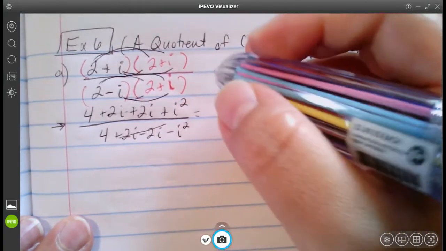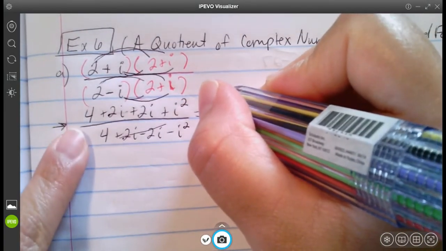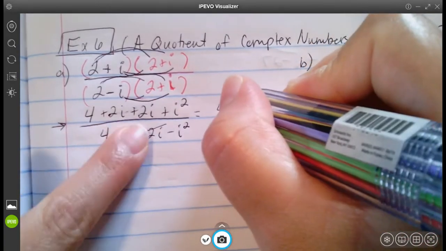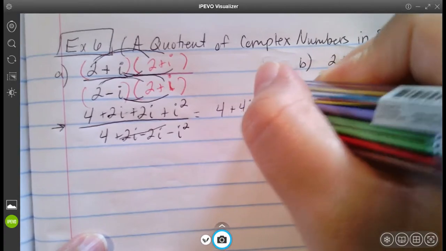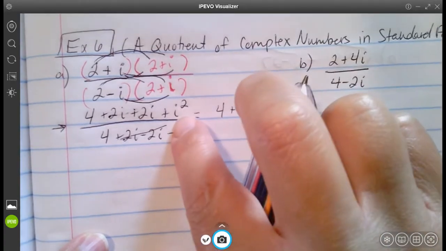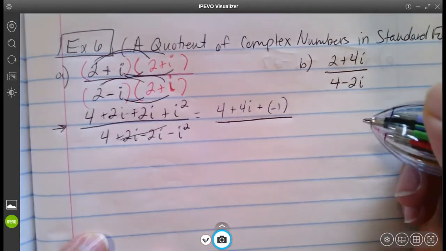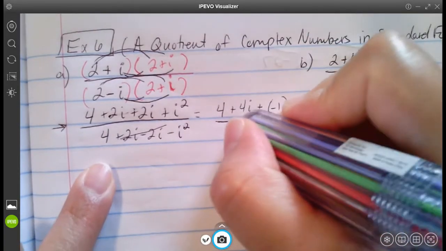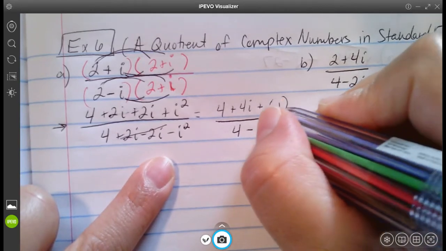And this is going to be equal to, I'm going to combine just right here really quickly. In the numerator, we have 4 plus 2I plus 2I is 4I, plus I squared is negative 1. In the denominator, we have 4 minus I squared.